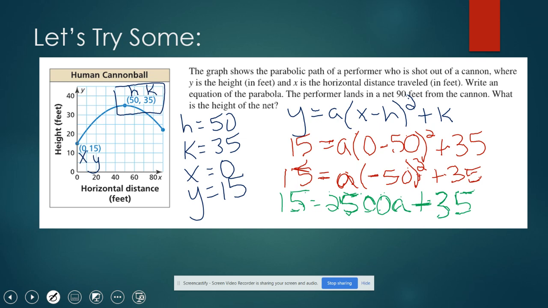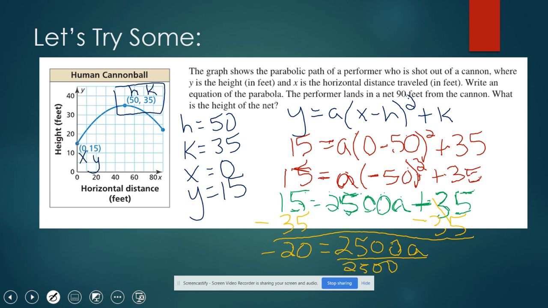So to finish solving, getting A alone, we're going to start with subtracting 35 from both sides. That gives us negative 20 is equal to 2500A. And then divide both sides by 2500.